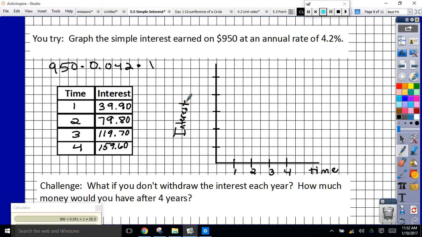Anybody go by something different? What did you do? You went by 30s? What about you? I went by 32. By 32? So you did like 32 to 64? Yeah, I looked at the bottom one, it said 160, I just did 160 divided by 5, and I have 32. Oh, okay, that would work.